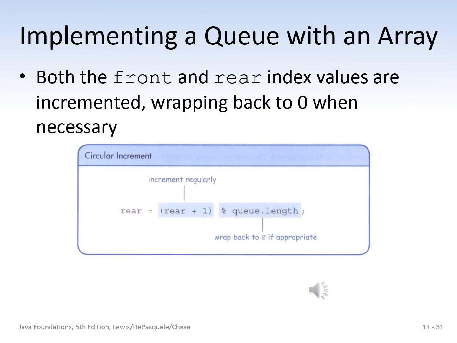In case you're wondering how we implement the circular array, the wraparound, if you will, what happens is both the front and the rear index values get incremented, and when we get to the last index in the array... In the example I'm about to post, I set the underlying array at a size of 5, just so I could walk through it and you could see us enqueue and dequeue and not have to deal with the size of 100 or 10 or 20.